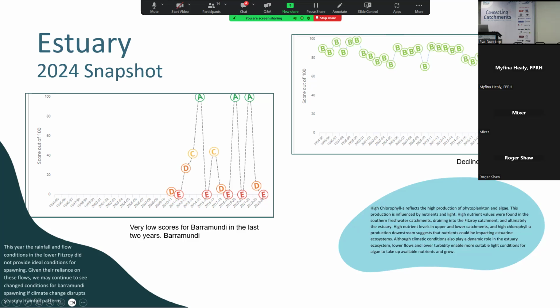And nutrients then trigger chlorophyll. But we are seeing a trigger of chlorophyll here, and presumably from some nitrogen source coming into the estuary. But we could have a look at that and relate that to the marine. But slight decline in chlorophyll. It's still a fair value.